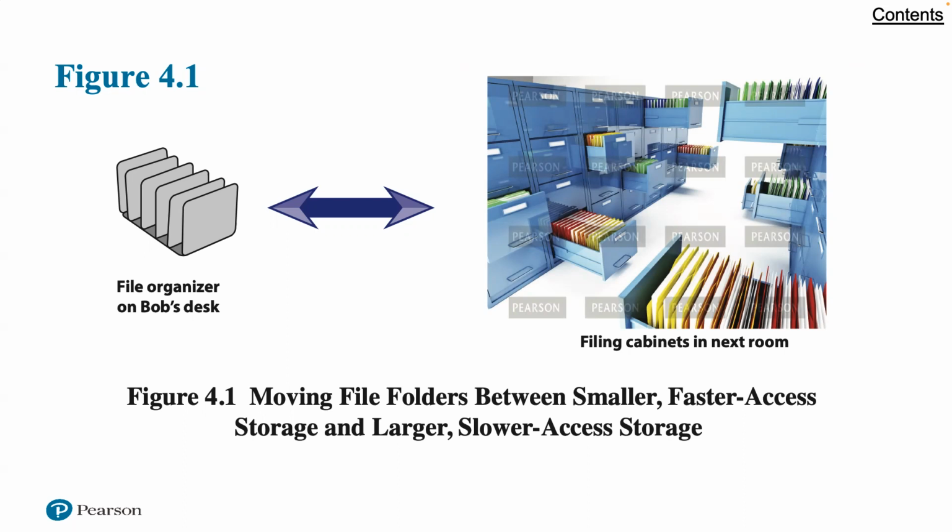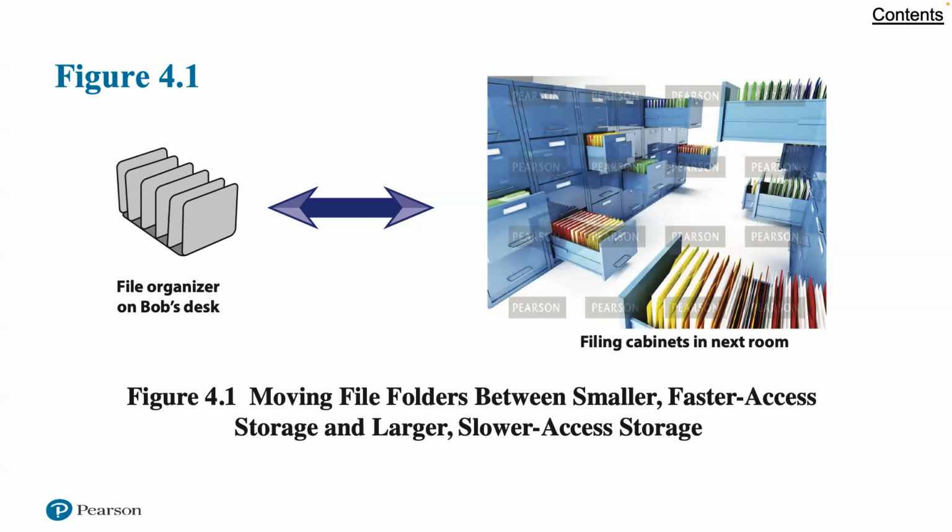Bob also observes that when he retrieves a folder from the file cabinet, it is likely that in the near future he will need access to some of the nearby folders as well. So he retrieves the folders he needs plus a few folders on either side at the same time. This is an example of exploiting spatial locality.